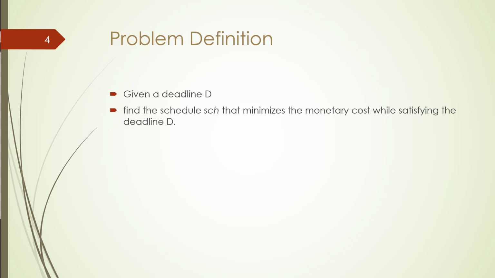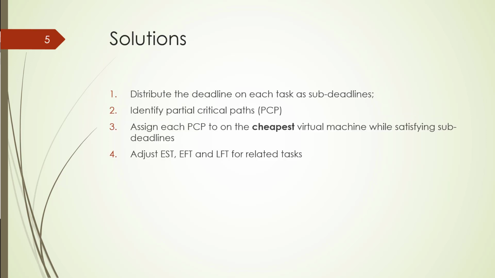Our problem here is that we have a deadline and we want to find a schedule SCH that minimizes the monetary cost while satisfying the deadline. One solution can be a combination of these bullets. We can distribute the deadline over each task as sub-deadlines. Then we can identify the partial critical path.